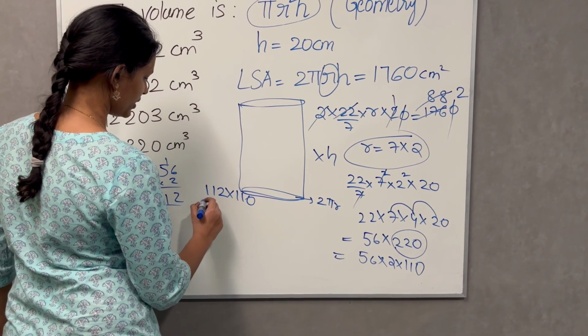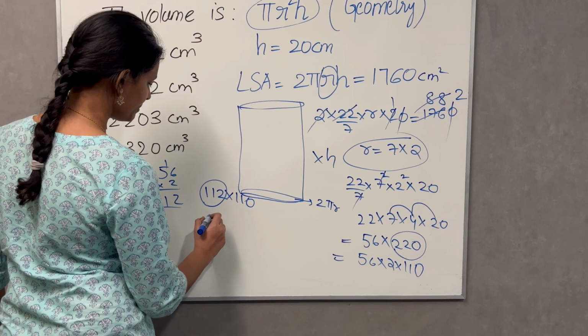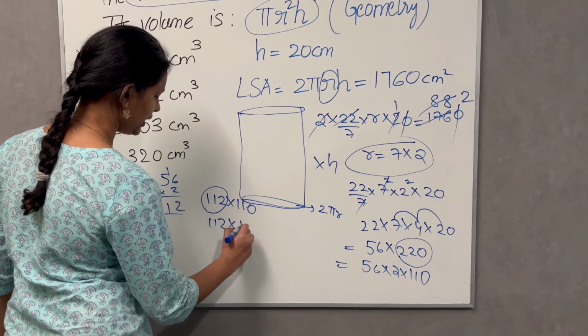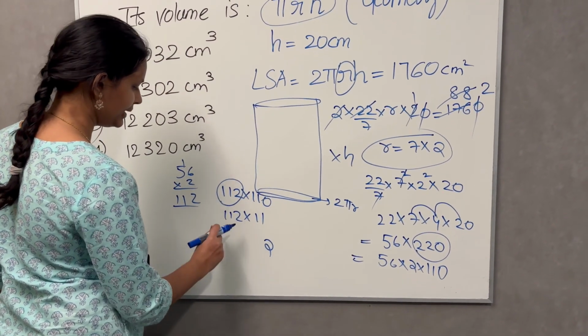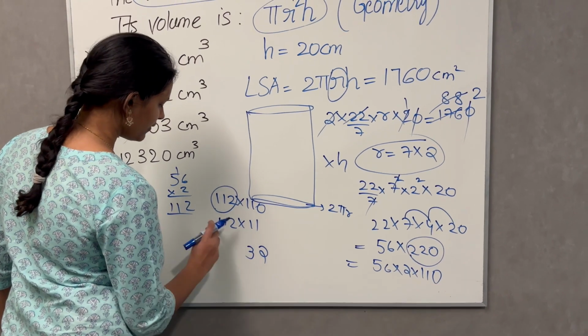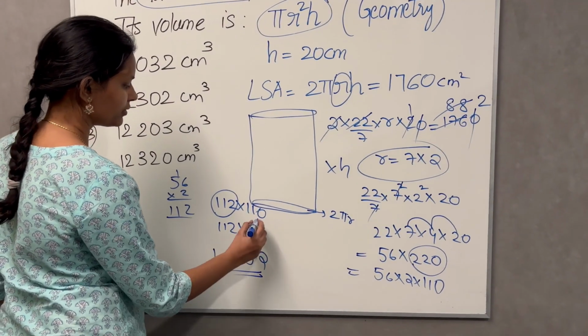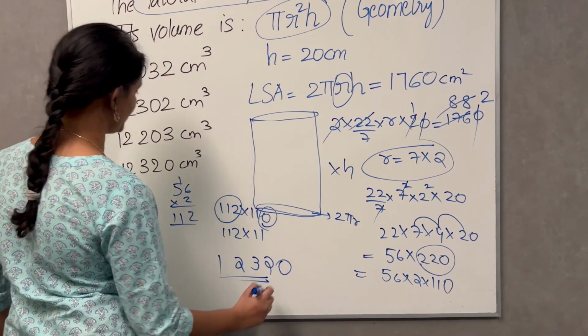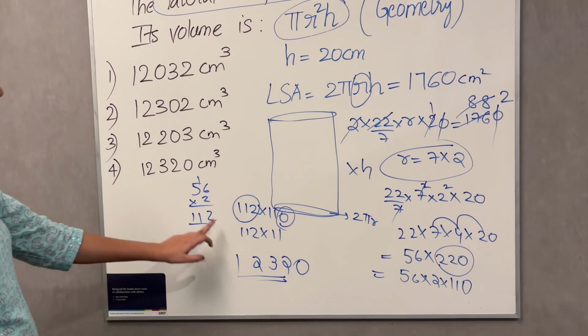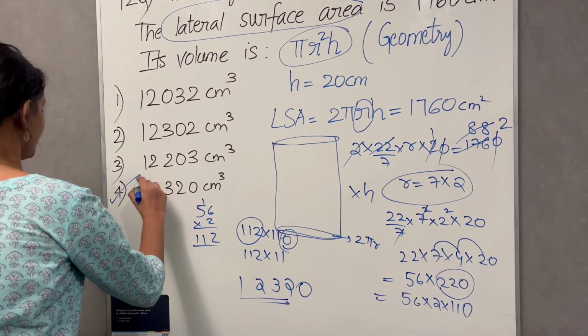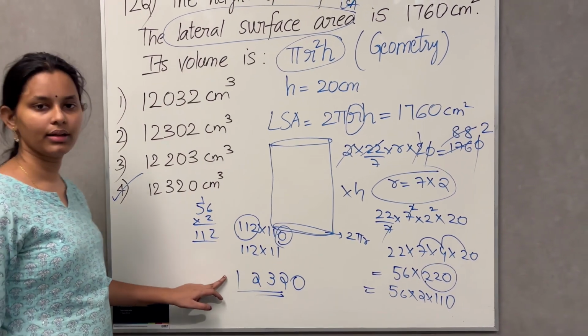So 112 into 11. 112 into 11, 2, 1 will write here. 2 plus 1, 3. 1 plus 1, 2. 112 into 11 is this, but also 0 is there. That is option 4. Thank you.